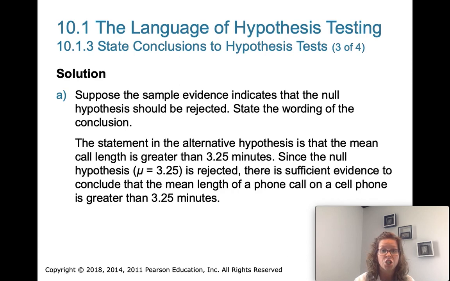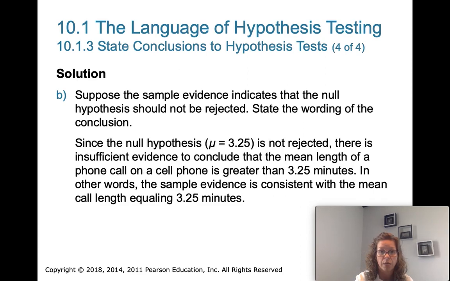If the null hypothesis should be rejected, we would say that the statement in the alternative hypothesis is that the mean length is greater than 3.25 minutes, and we are going to reject the null, saying there is sufficient evidence to conclude that the mean length of a phone call has increased or is greater than 3.25 minutes. Here we would reject the null because we have gained the evidence to say that the mean is greater than 3.25 minutes.